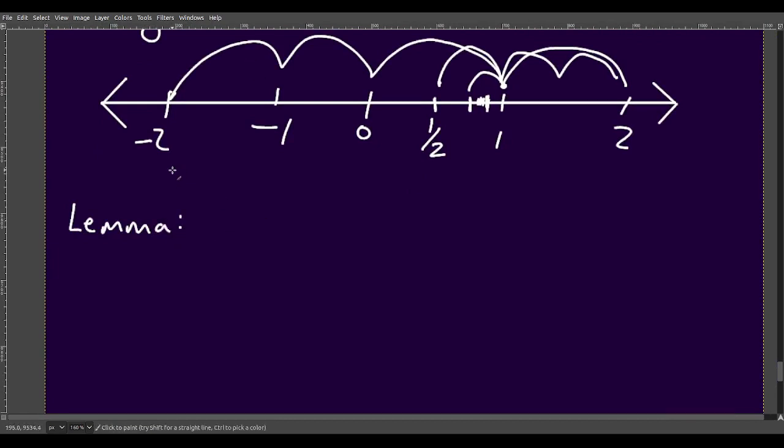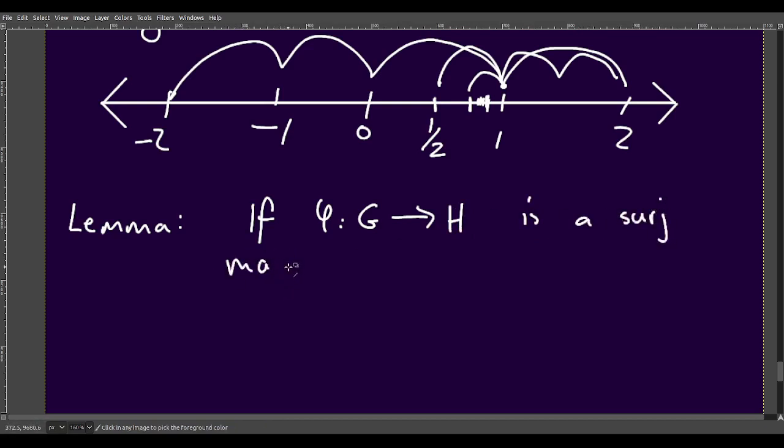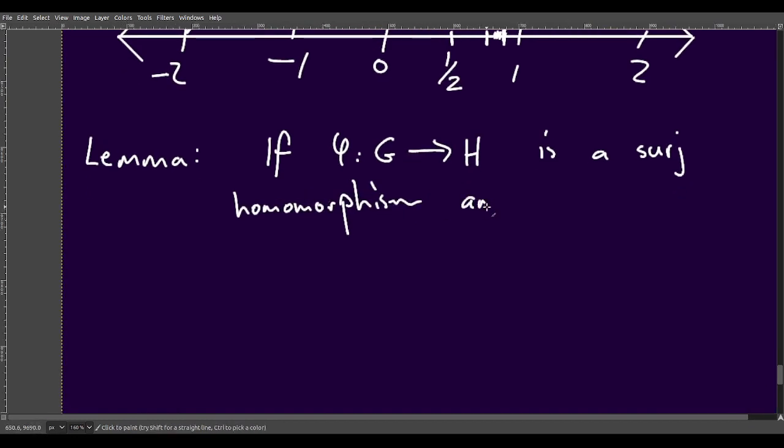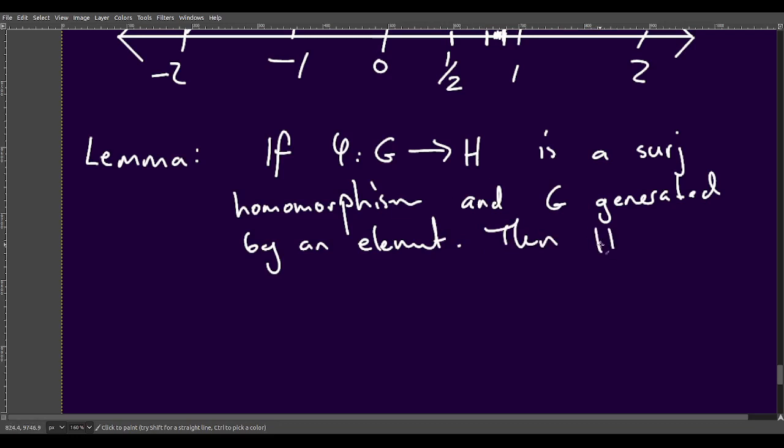If phi from G to H is a surjective map, or a surjective homomorphism, and G is generated by a single element, then H is generated by an element.